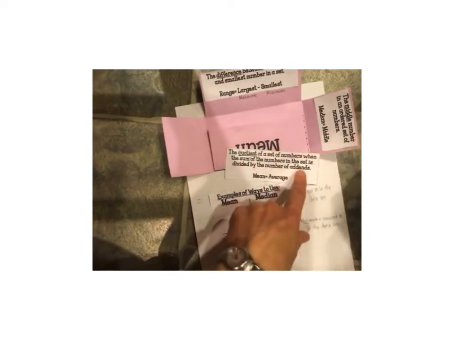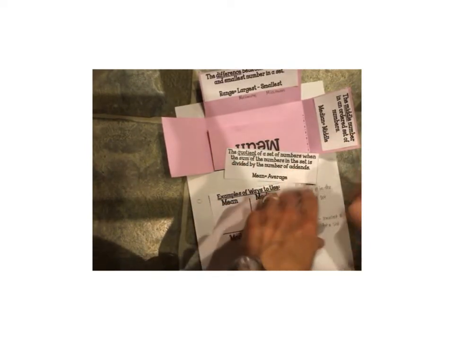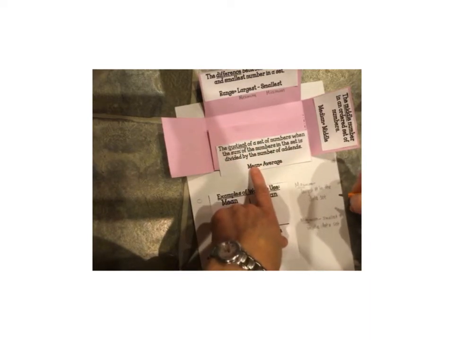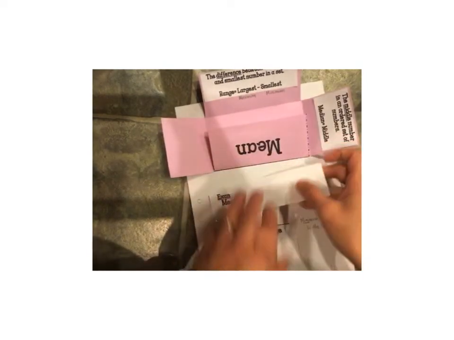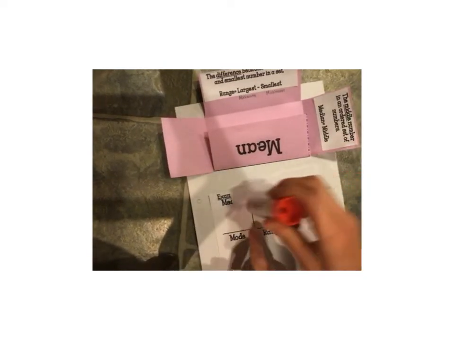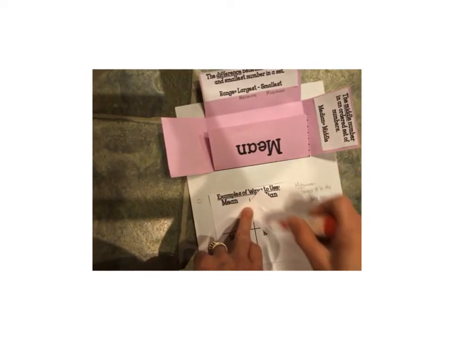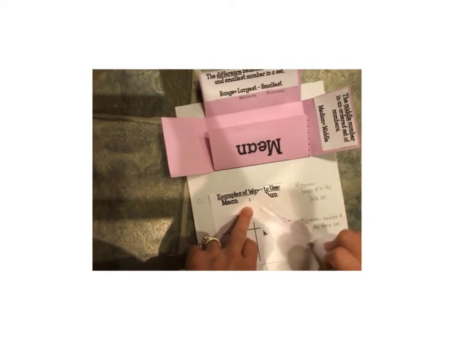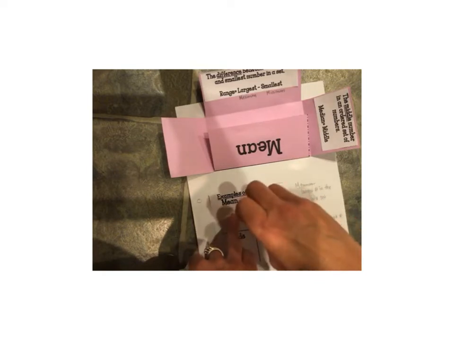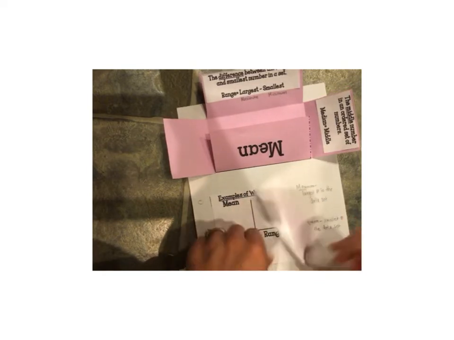The number of addends, those are all the numbers we add together. So basically what we're going to do is add all the numbers up, get a total by hitting enter in our calculator, and then divide by however many numbers there were in the data set. So if I had 5 numbers I added together, I would divide by 5. If I had 52 numbers in my data set, I would divide by 52.